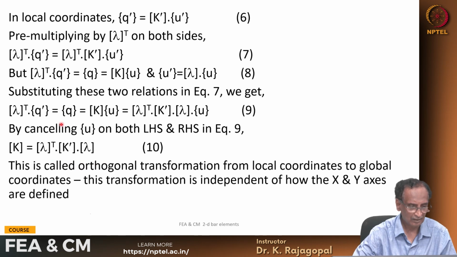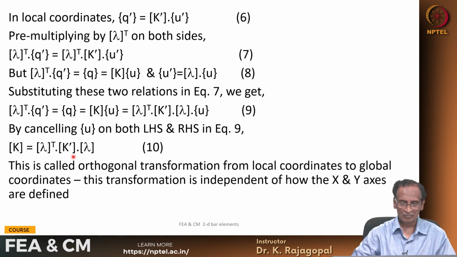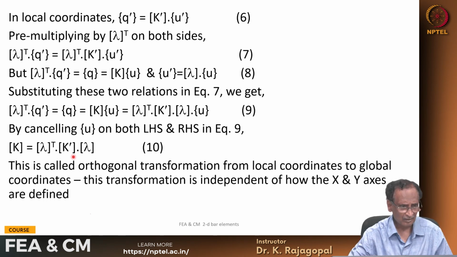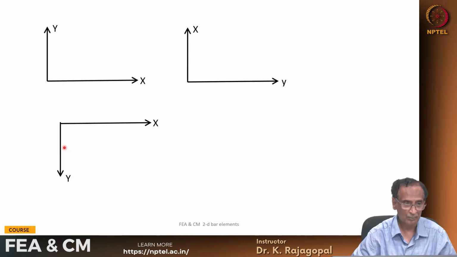and this is called the orthogonal transformation from the local coordinates to global coordinates, and this helps us in making our solution independent of the definition of the coordinates x and y. So for example, we could define the global coordinates as x and y, with x along the horizontal direction and y in the vertical direction, or x in the vertical direction and y in the horizontal direction, or y going down instead of going up.